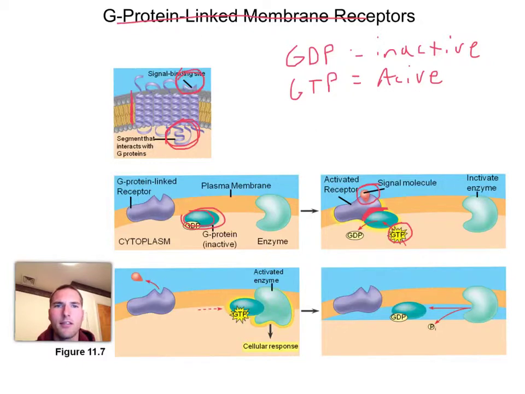So once that reaction has happened, then the activated G protein is just going to be released from the receptor protein, and remember, it can move around in the plasma membrane.